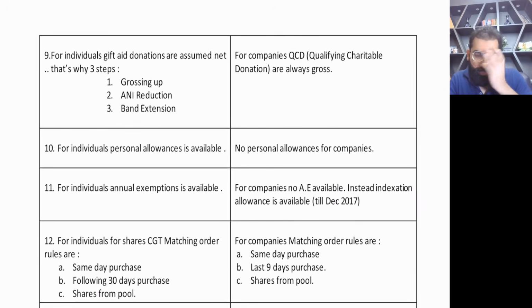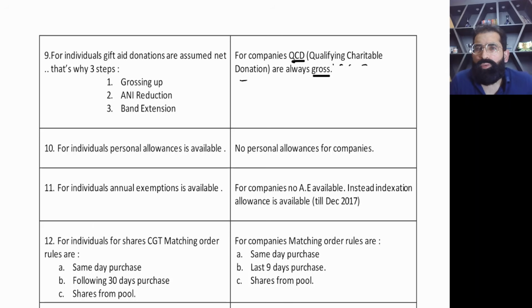Then we have, if an individual is giving a donation to a registered charity, like Gift Aid charities, then we have three steps: grossing up, ANI reduction, and band extension. But for companies, QCDs, qualifying charitable donations, are always gross.